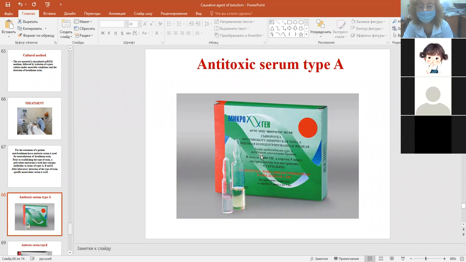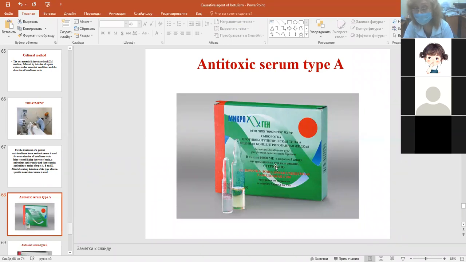And if it's not the first injection of horse serum, the patient will develop an allergic reaction. And so it is dangerous. So we have to do the skin allergic test to realize if this person has an allergic reaction to the horse serum.